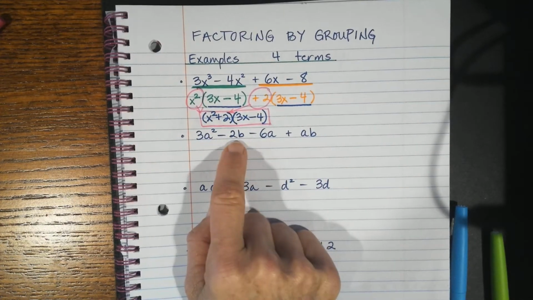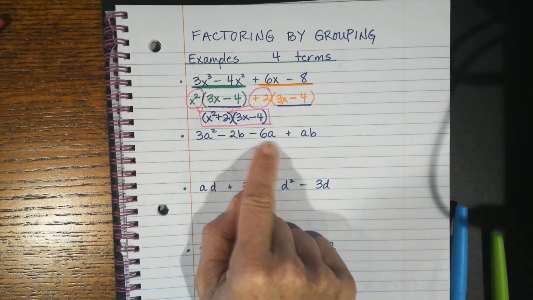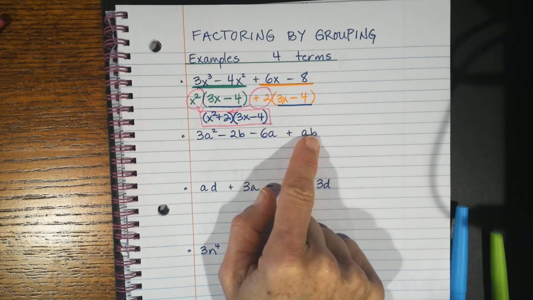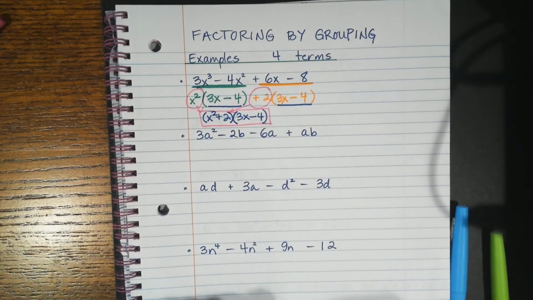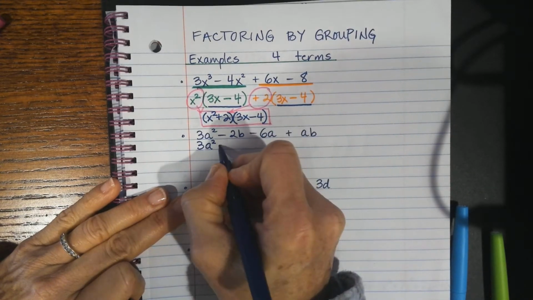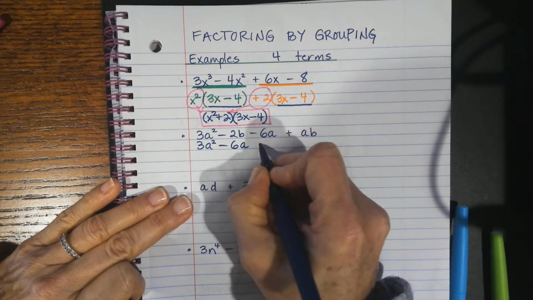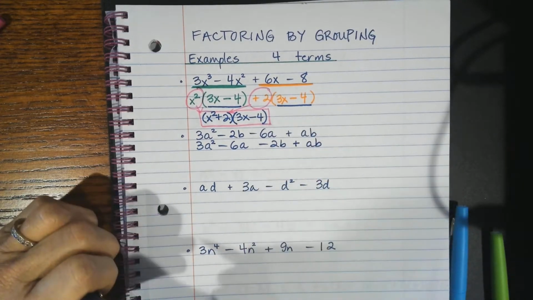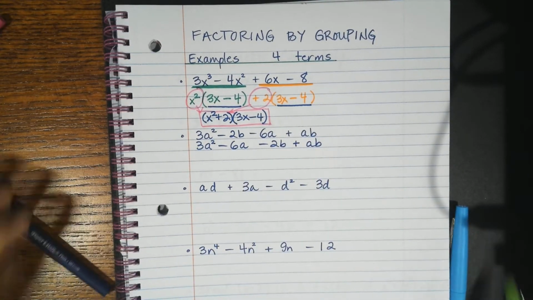But this 2b, I could group that with this because they each have a 2 in them, or I could put the b's together. So I think that's what I'll do. I'm just going to rewrite it so that the 6a is with this and the 2b is with this. It's a little easier to see this way, I hope.